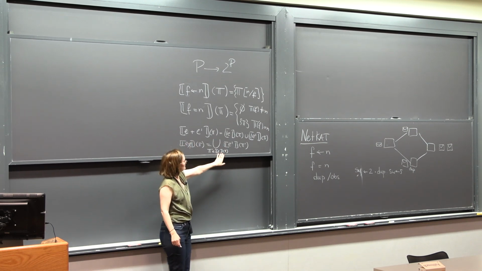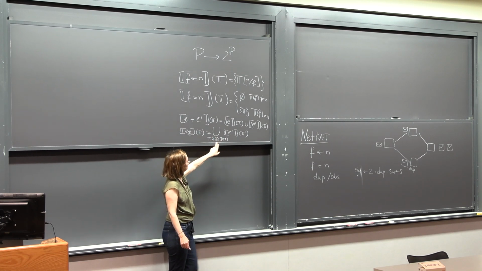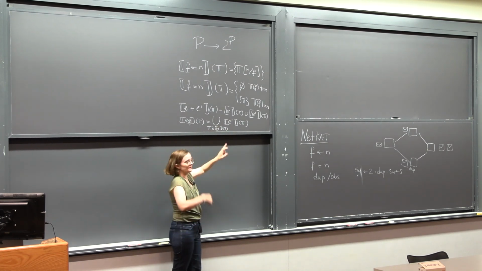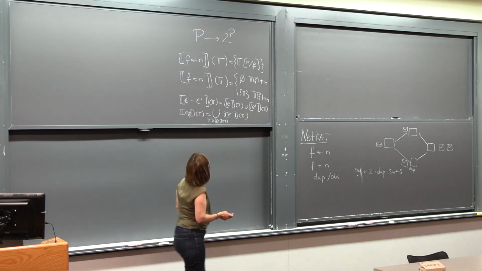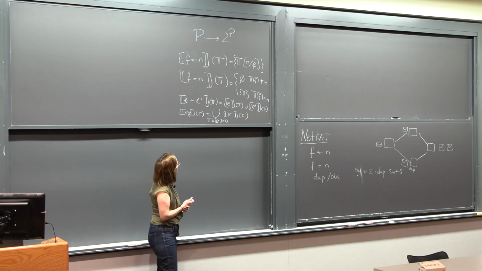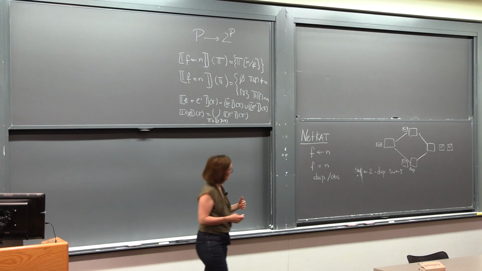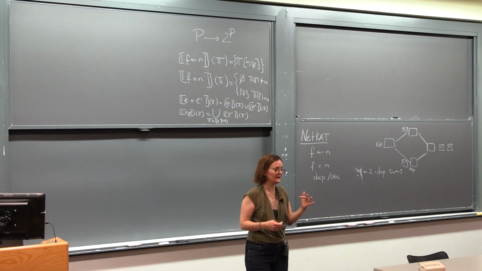Because E of pi can produce multiple packets, I need to send them on to E prime and then take the union of all those sets. Okay. So this is the operational semantics of netcat.